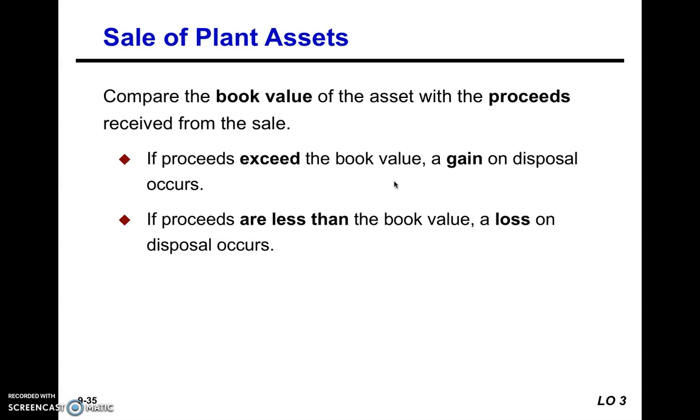Not the market value, but the book value. The market value is the cash we're getting. Now, if the cash we're getting, the proceeds, are less than the book value, we have a loss.